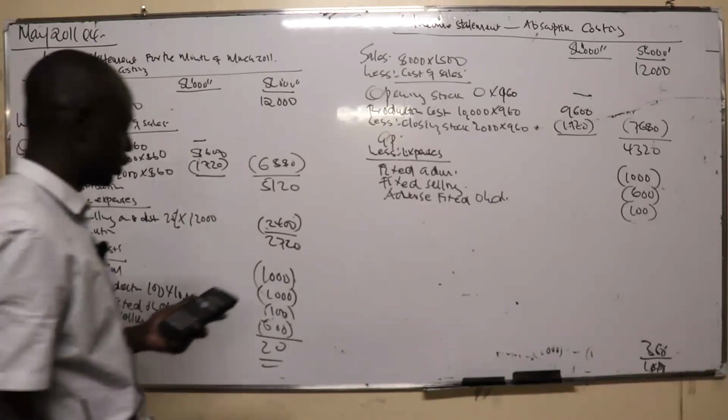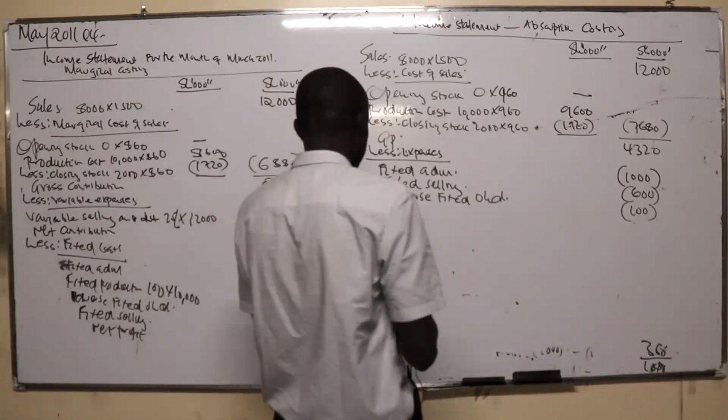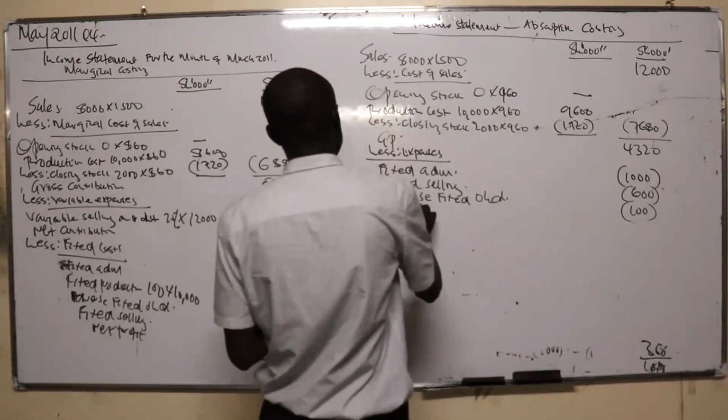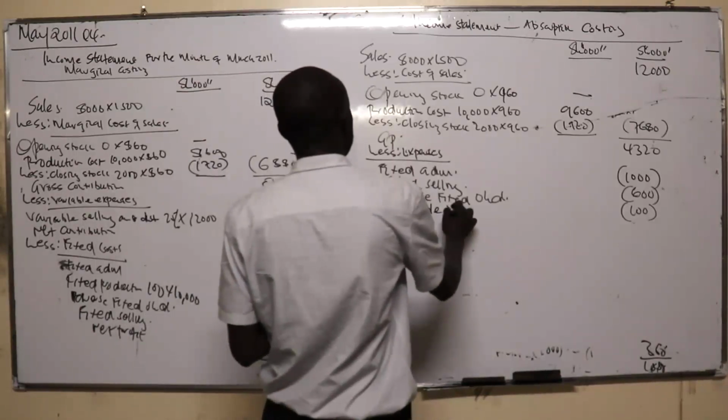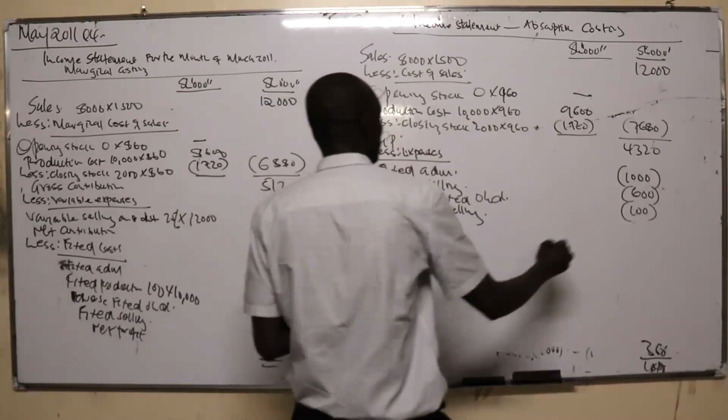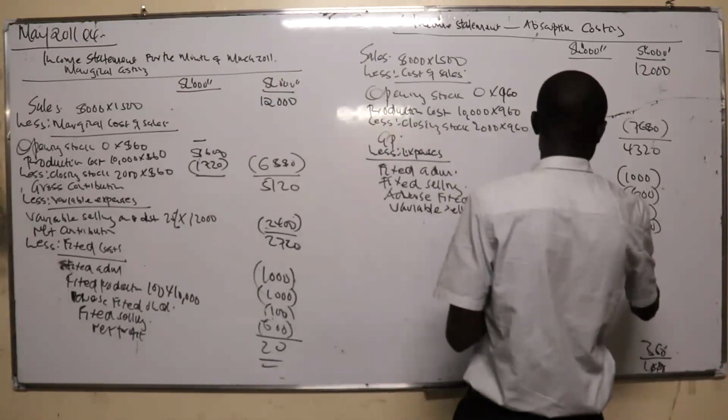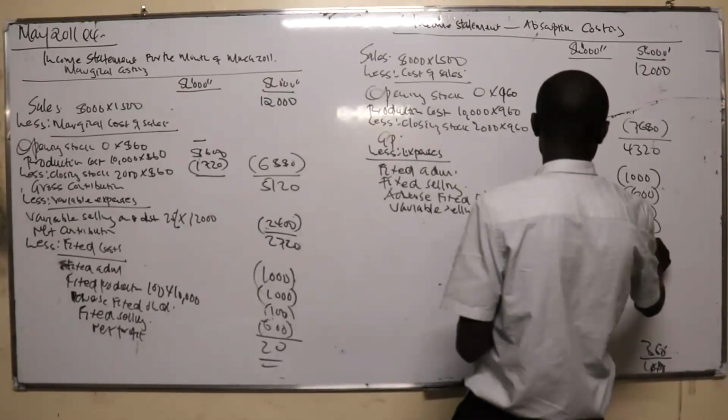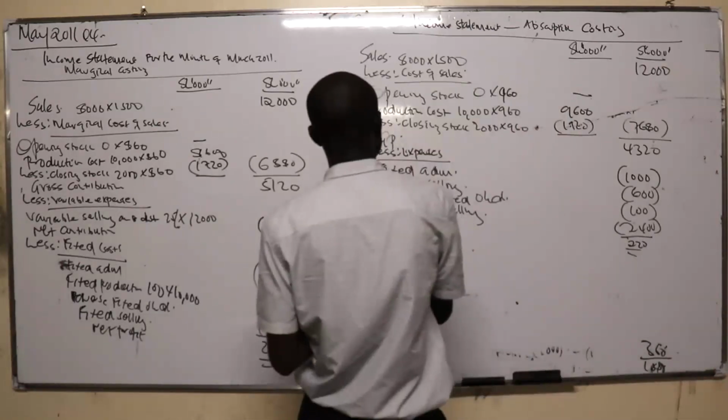And then we have variable selling, which is 2,400. So this one will give you 220, the profit.